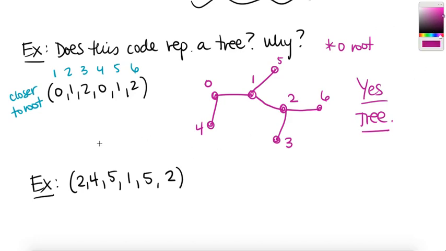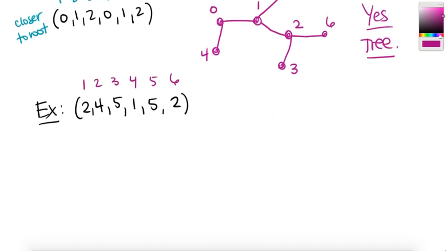Again, we're going to line it up and try to draw it. And let's actually say that this last one is 0 instead.